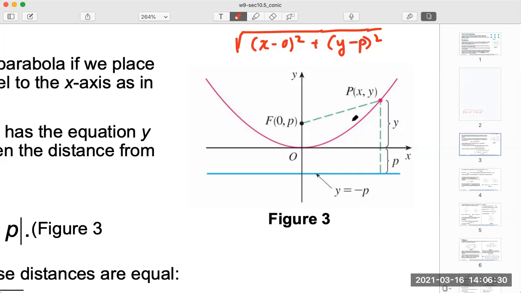And from the definition, we know that the distance from this point to this directrix will be, what is it? Y plus p, right? This is the distance from P to the directrix here, y plus p.